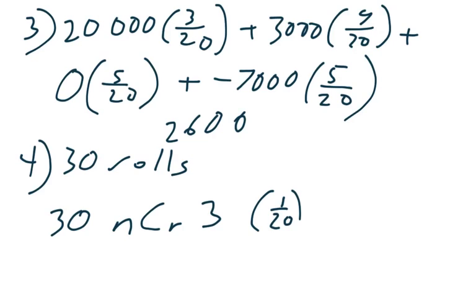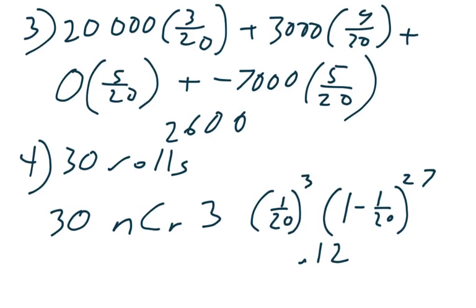The chance of getting a 7 is 1 out of 20, and I want 3 of those, and I want 1 minus 1 over 20, and I need 27 of those, because that means we got 3 successes and 27 failures. Remember that nCr is in the math menu under PRB. And when you plug it in, you should wind up with 0.127.